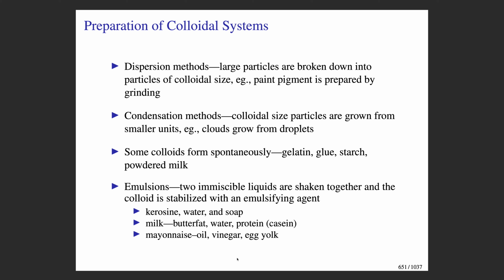However, the presence of a protein called casein, which acts as an emulsifying agent, allows the butterfat to be dispersed throughout the water. Mayonnaise is another example. Oil and vinegar don't mix, but if you use some egg yolk and shake them up, you can make mayonnaise from that. I'm sure it's more complicated than I've alluded to, but that's the basic idea.